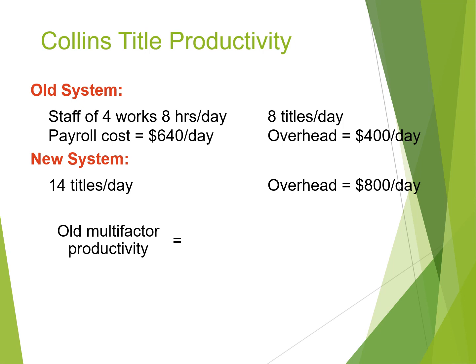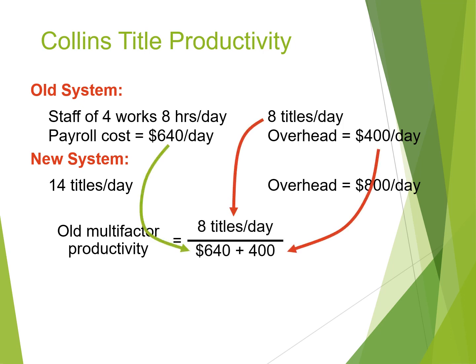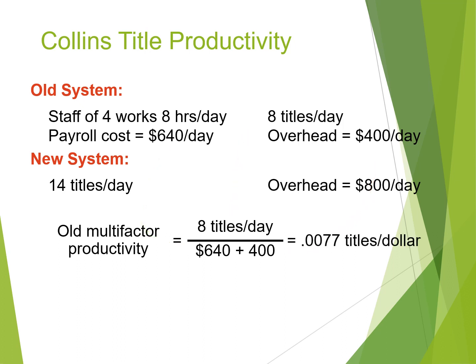And here we are computing multi-factor productivity with the old system, being 8 titles per day divided by the total of payroll cost and overhead expense: 640 plus 400 is 1040.